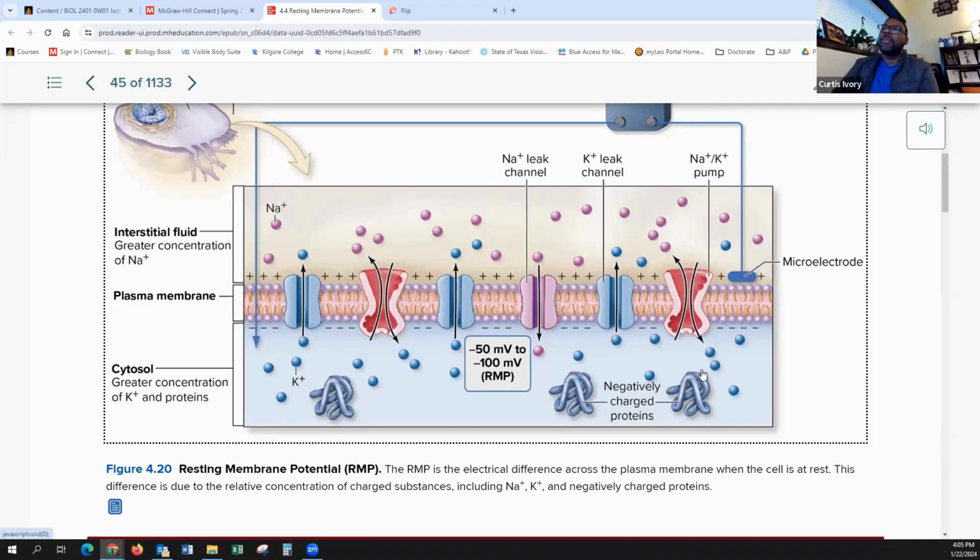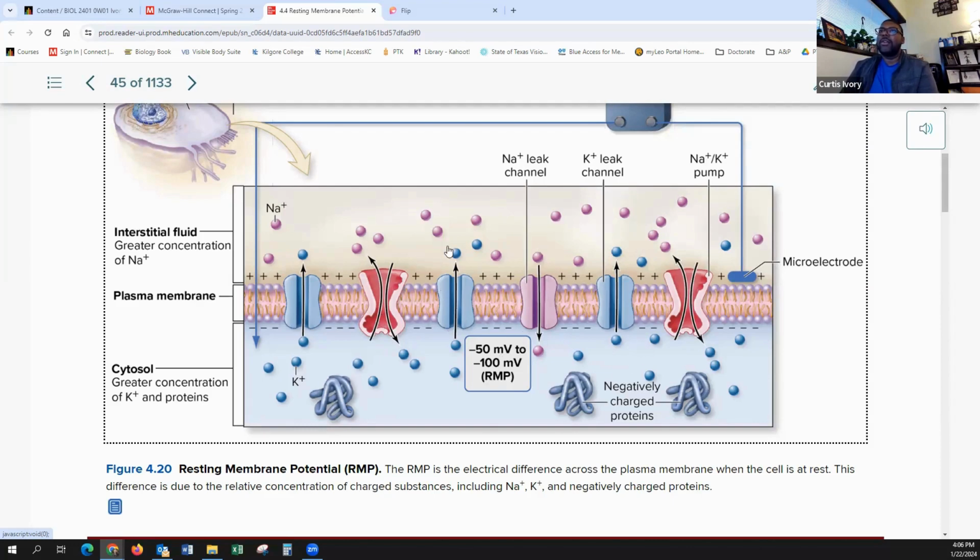If you may remember me talking about it in chapter 2, if you have different charges or different ions on each side, it will cause an electrical impulse or electricity to occur. Here we have more sodium on the outside of the cell and more potassium on the inside. If they have different concentration gradients, they're going to try to go to the opposite side.